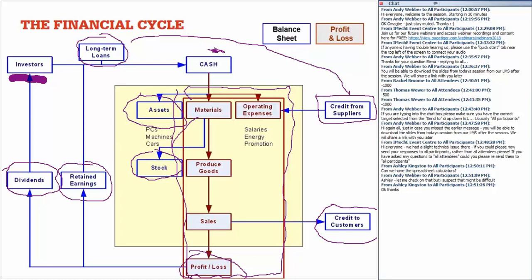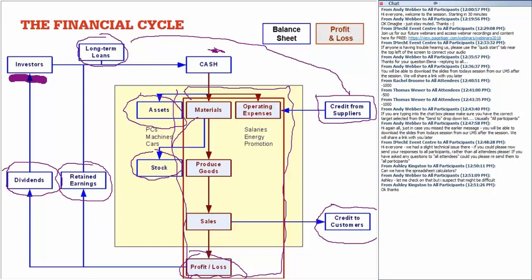Because you went out and bought some more PCs, you went out and bought some stock, you gave credit to customers. So one of the most difficult things for non-accountants to grasp is this idea that you can make a profit and have no money. But it's a critical thing to keep in mind.